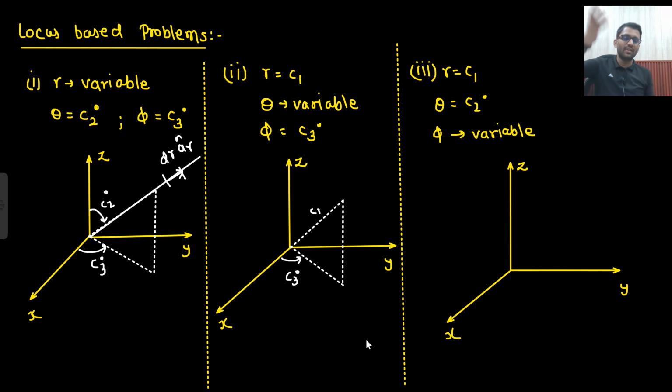What is variable? Theta is variable. So theta can take any value from 0 to 180. Are you getting this point? So this is how your theta will be. Let me explain it again. I know you did not understand it.